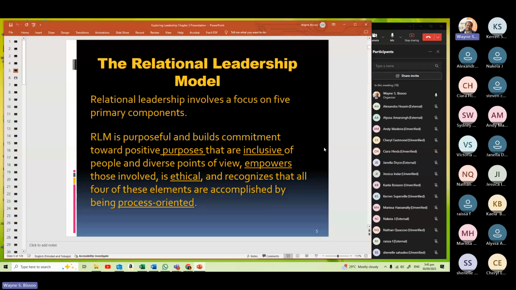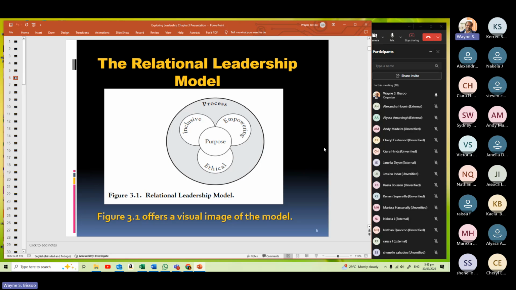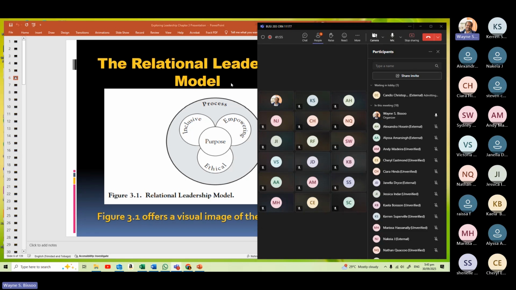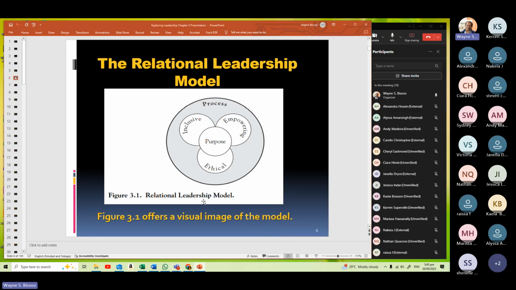So it is purposeful and builds commitment towards positive purpose, is inclusive of people and diverse points of view, empowers those involved, is ethical, and recognizes that all 4 of these elements are accomplished by being process oriented. So the leadership model sits upon these particular components.